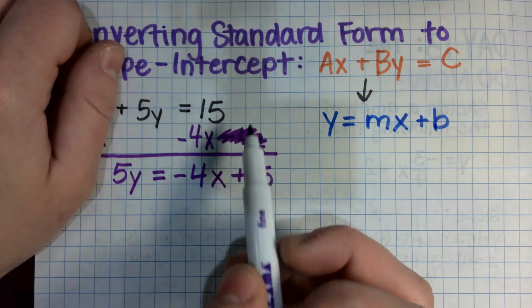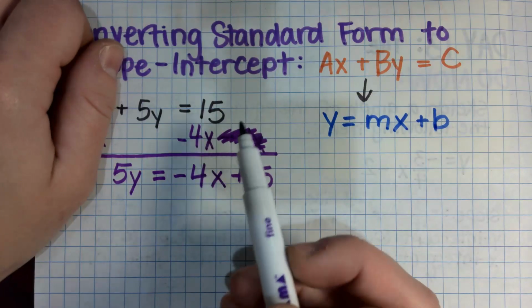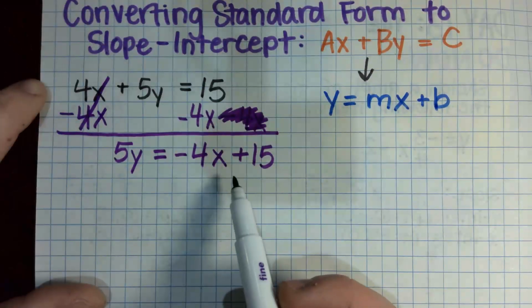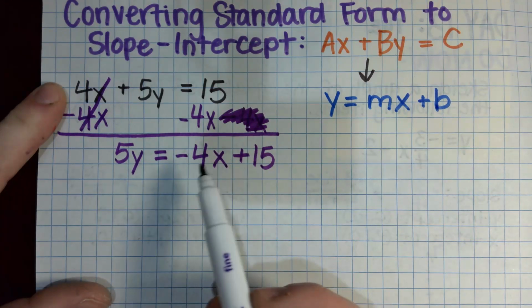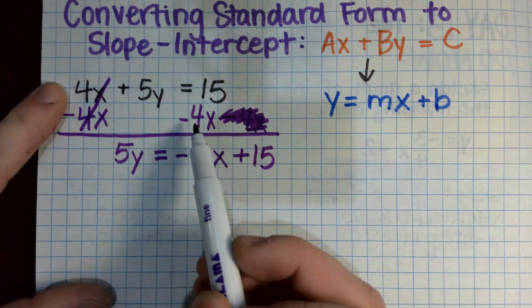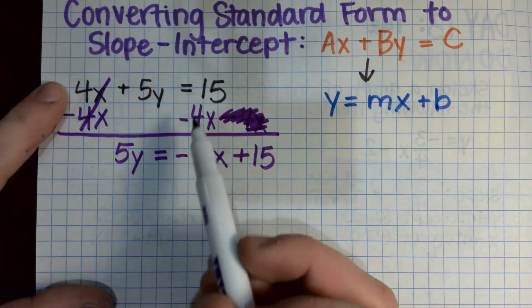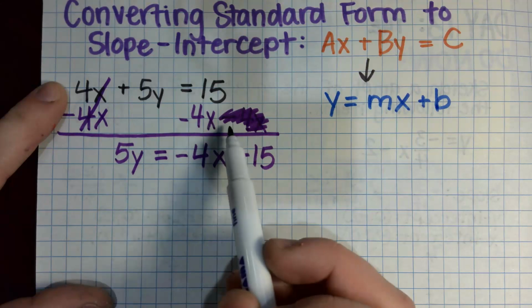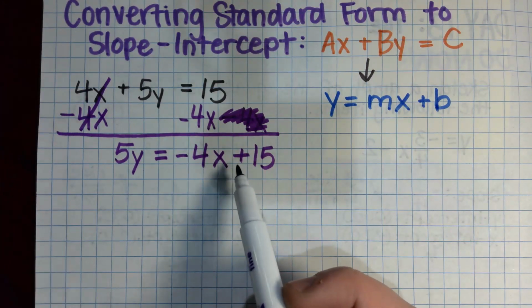So if I were to do 15 minus 4x, we can remember our addition and subtraction rules. When you subtract, you're really just adding a negative. We could also know that if we started with negative 4x and I have a positive 15, to show that those two are together, we just put a plus sign in the middle of them. Okay. Does that make sense?